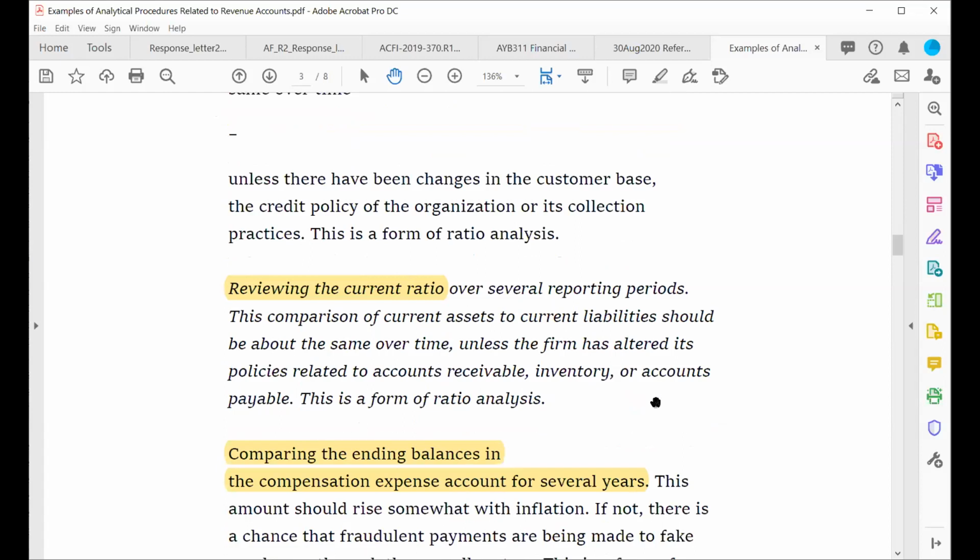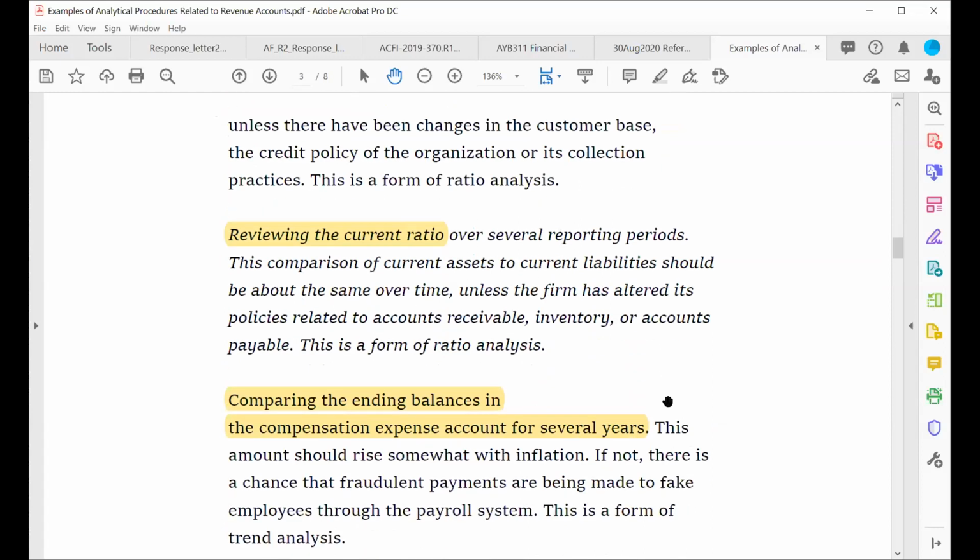You also need to do an analysis of the ending balance of the expense accounts across 3 or 5 years, because the expense accounts might also be relevant to the overall sales, and also to the cost of sales in the sales cycle.